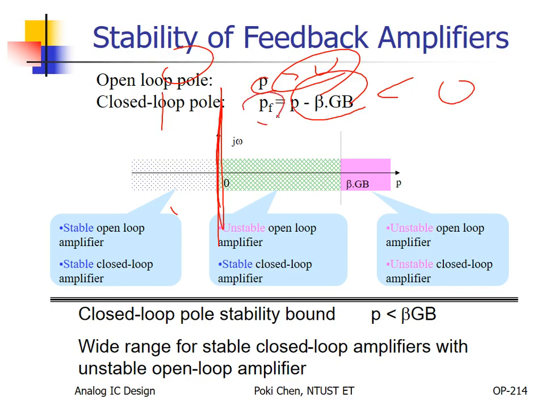Because the feedback pole for the whole circuit is this. So P minus beta GB, if it is negative, then congratulations. The overall circuit has a pole to the left to stabilize the operation.